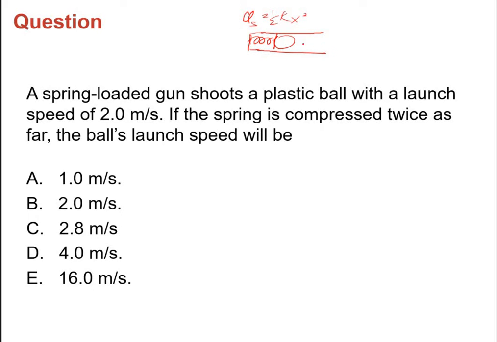When the gun shoots the ball, all of that energy is going to convert into kinetic energy. We've been given the velocity with which the ball is launched. If you double the compression, what's going to happen to the launch speed? That's the question. Pause the video, think about it.